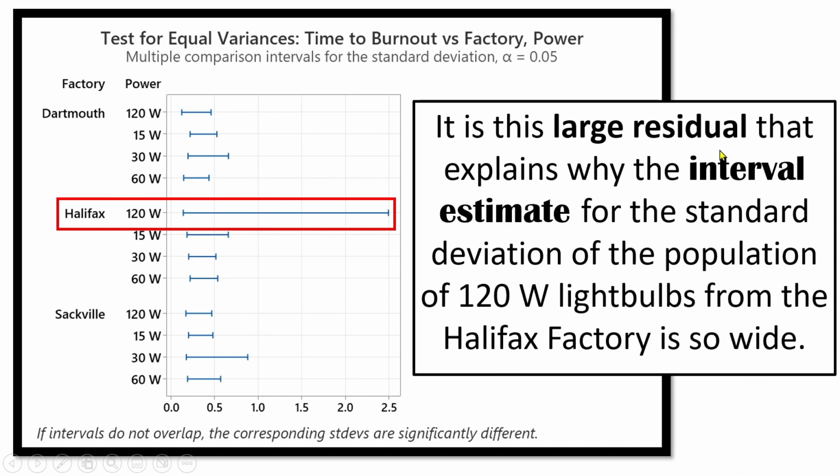So it is this large residual that explains why the interval estimate for the standard deviation of this population, Halifax 120 watt, is so wide. If we took that observation away, this interval would have a width that's more comparable to the rest of them. As far as I can tell, that's the only impact this residual has on the analysis, so there's no reason not to just leave it in there.